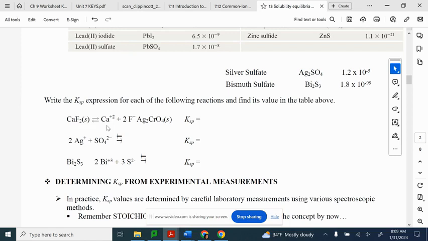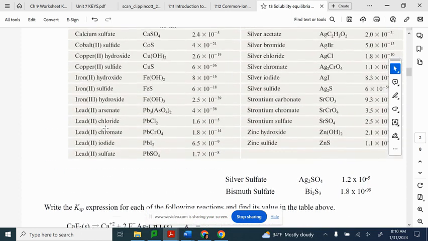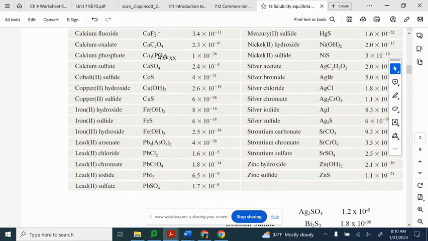Okay. So if we wanted to figure out the KSP value, or if we wanted to figure out what the concentrations or molarities of these two things are, what we would do is find the KSP value for calcium fluoride. So we're going to go up to our chart. We're going to find calcium fluoride.